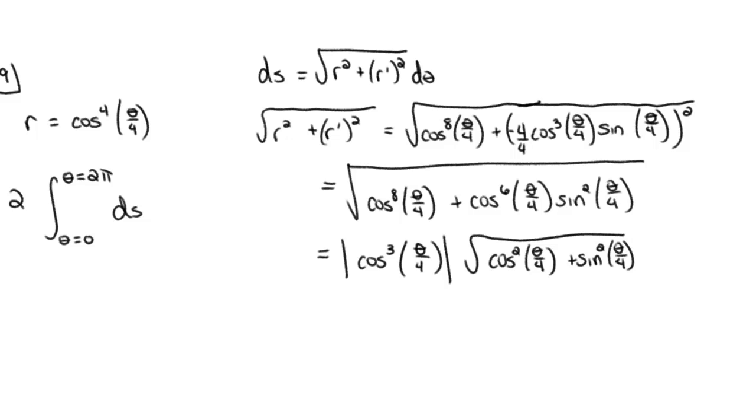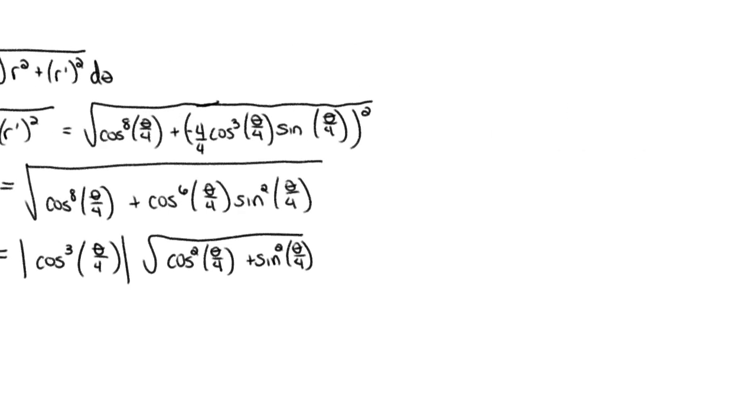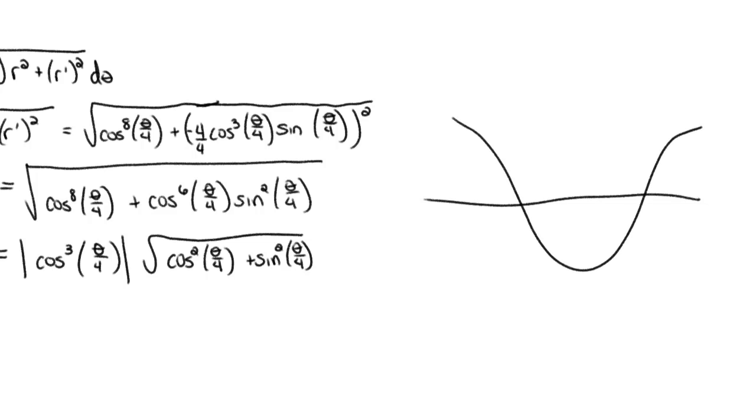Now, the way I've chosen to integrate this, from 0 to 2 pi, that cosine of theta over 4 from 0 to 2 pi is always positive. It actually takes 4 times as long to go through a full rotation of the cosine curve. So instead of taking from 0 to 2 pi to get that done, it takes, I'm sorry, 4 times as long.